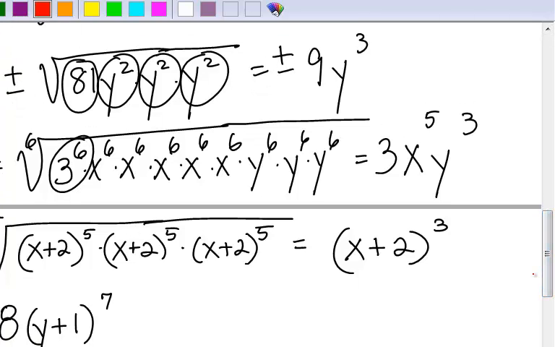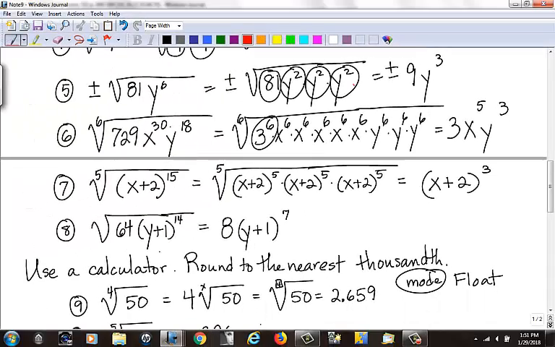Even root, even power. Absolute value around the y to the 3rd. So absolute value around the y to the 3rd. Y to the 6th on that one. Yep. So number 6. Even root, even powers.